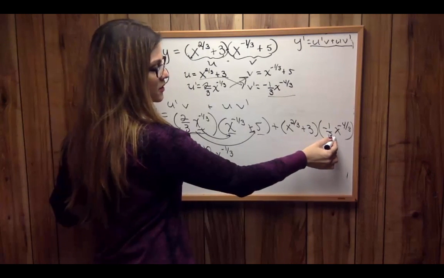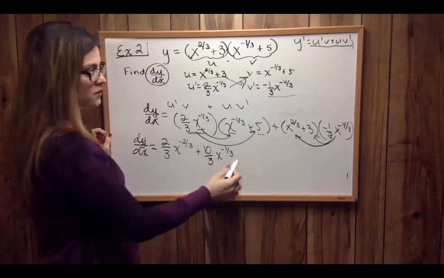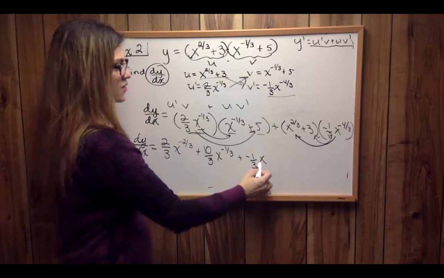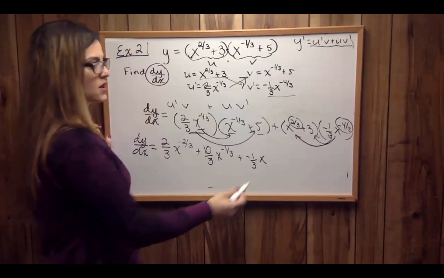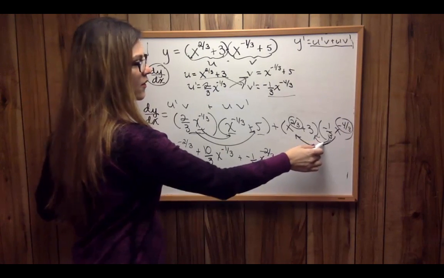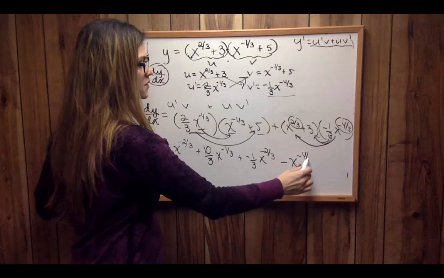And then you have your monomial to the right here, so the monomial times the binomial, so it's going to be plus a negative 1/3 x to the 2/3 plus a negative 4/3, so that gives us a negative 2/3. And then negative 1/3 times 3 is a negative x to the negative 4/3.